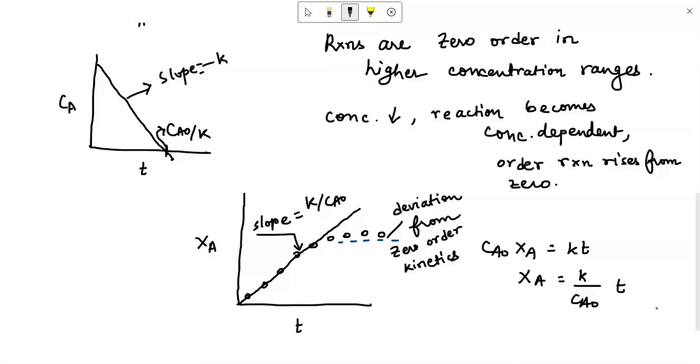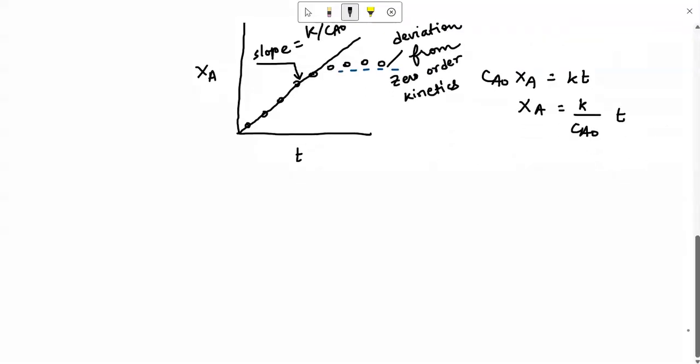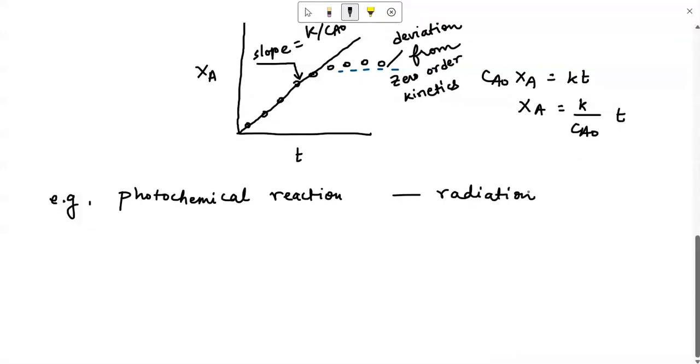Now in practical applications, where do you see these zero order reactions? Some cases where you can see zero order reactions are, say, in photochemical reactions. Now the key component for a photochemical reaction is the radiation. So the rate of the reaction is very much dependent on the radiation inside the chamber where you are carrying out your photochemical reaction.